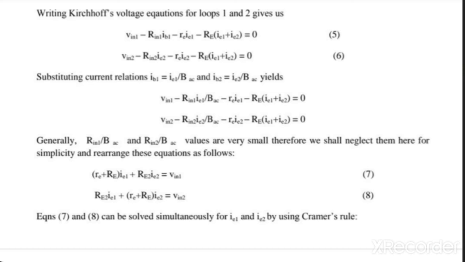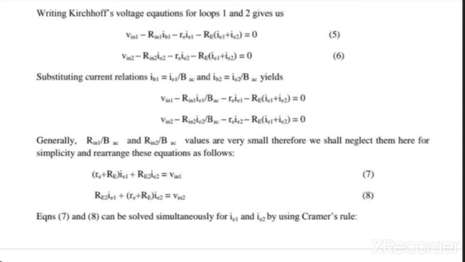The second equation is V input 2 minus R input 2 IE2 by BAC minus RE IE2 minus RE (IE1 plus IE2) equal to 0. The second term in both the equations is negligible.